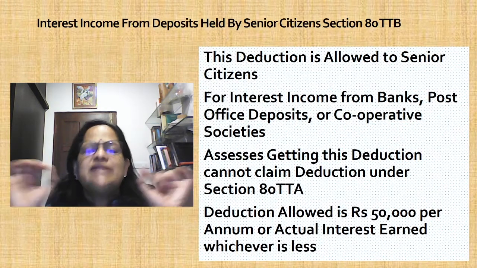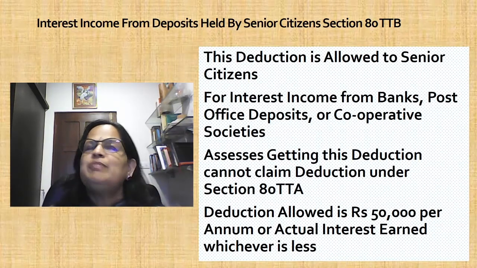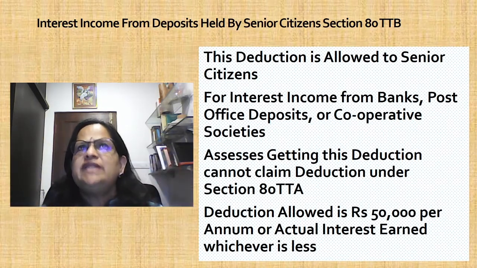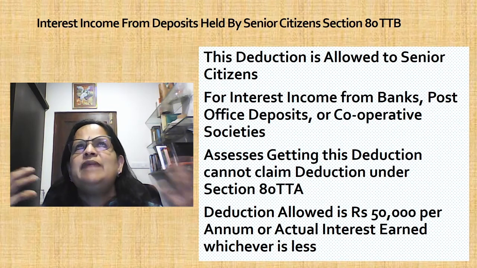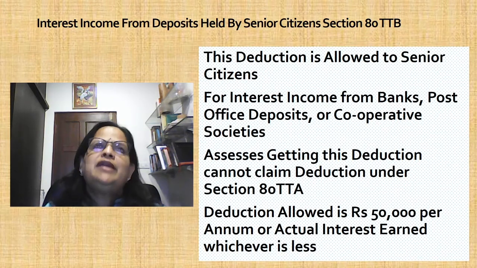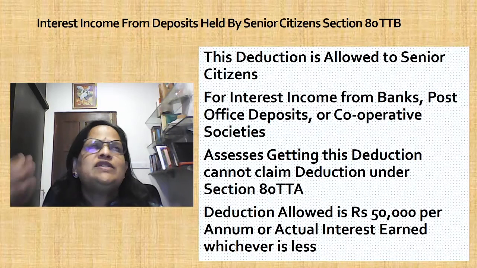Next is the same section, but applicable only for senior citizens: interest income from deposits held by senior citizens under section 80TTB. You have to remember, in the case of senior citizens, most of their investments will be either fixed deposits or savings bank accounts. They will not take a risk at that stage, because whenever they want to withdraw, the money should be readily available. So they will always opt for this.